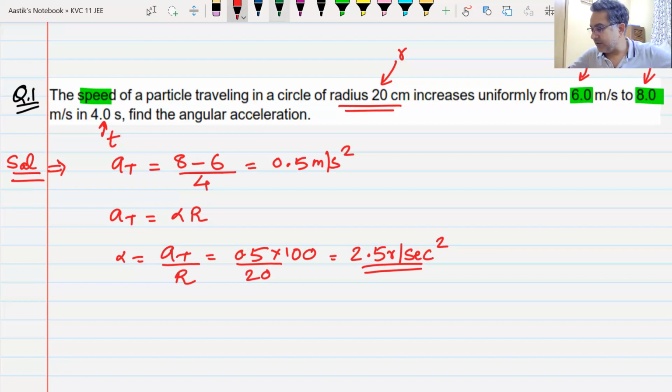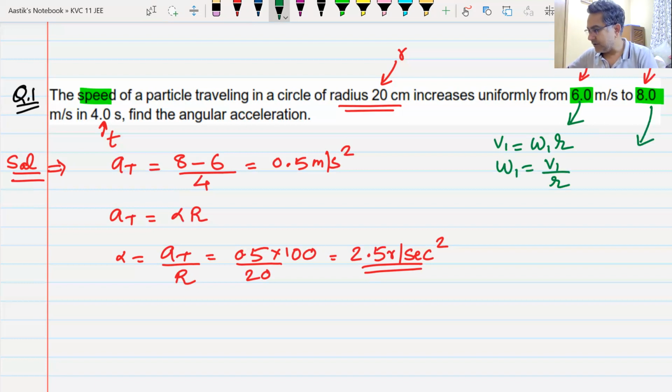This was one way of doing it. The other way of doing it was, V1 is given. V1 can be written as omega 1 into R. So from there you can find the value of omega 1, V1 by R. Then you can find the value of omega 2, which is V2 by R. We know the final angular velocity, we know the initial angular velocity.